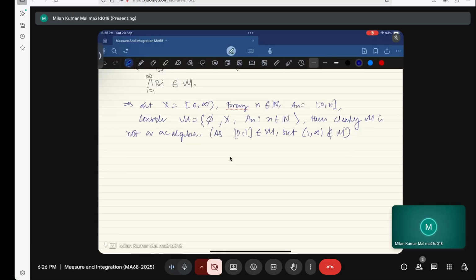But the complement is not there. So therefore, this is not a sigma algebra.